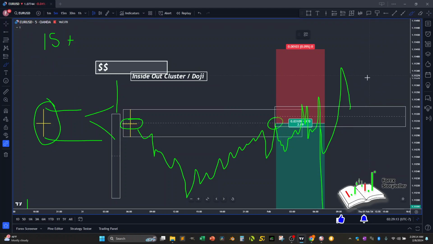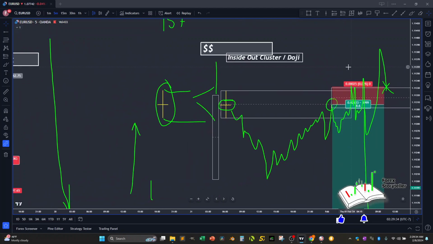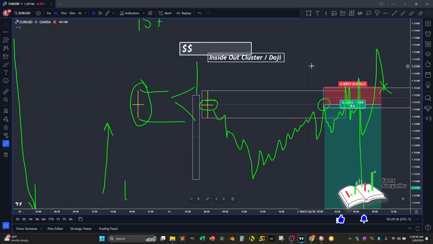This would then be a good entry point if you see some stalling or some respect. If we don't get a close here, you may want to close out and take that small loss and not risk getting taken out in liquidity. So you would be looking at a significantly smaller closeout loss. That would be one good way to trade that probable pattern.